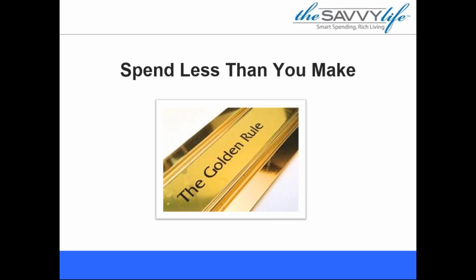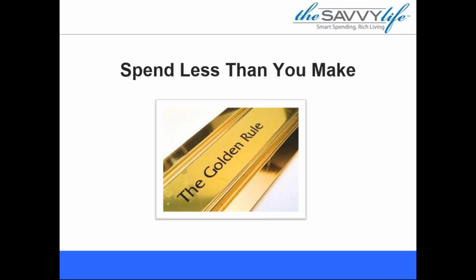It is mathematically impossible to be financially successful if more money is going out the door than what is coming in. And in this day and age when there are so many different forms of currency that we can use to buy what we want and what we need to buy throughout any given day, week, or month, it can be very challenging to know if you are spending within what you make.